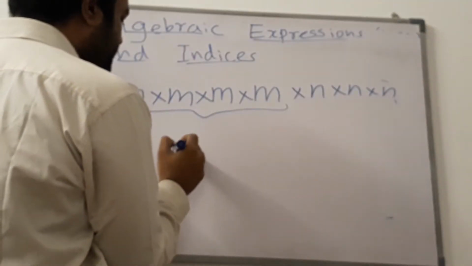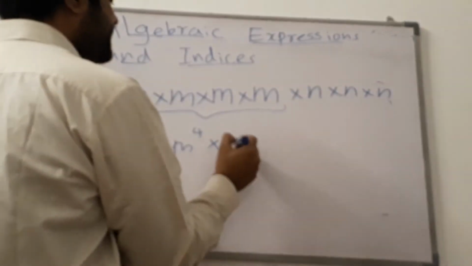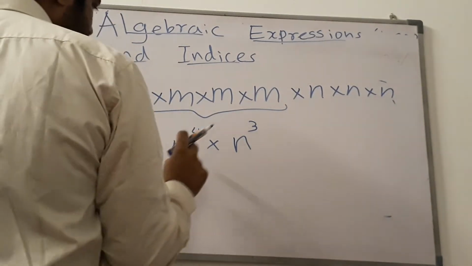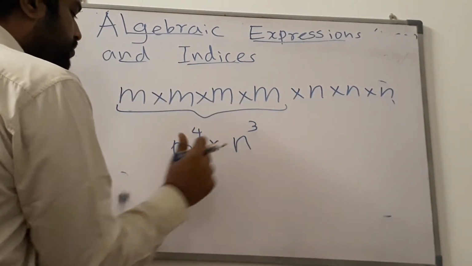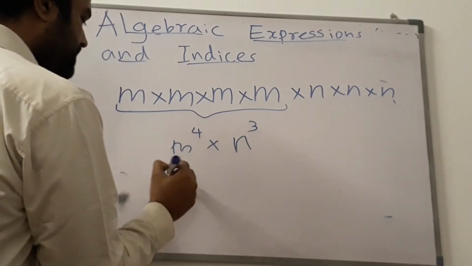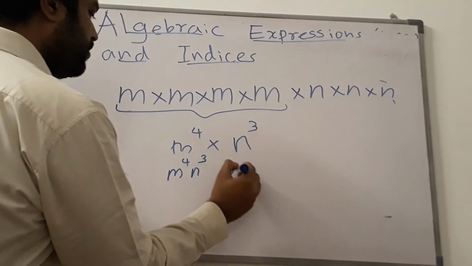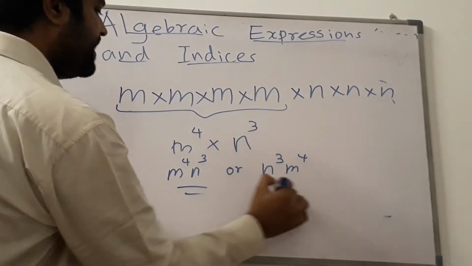Here's 4 m's. 4 m's multiplied with each other means m to the power 4. 3 n's multiplied with each other means n to the power 3. When there are two algebraic expressions, there also we can combine the two symbols, such as m to the power 4, n to the power 3, or n to the power 3, m to the power 4. Both ways we can write.